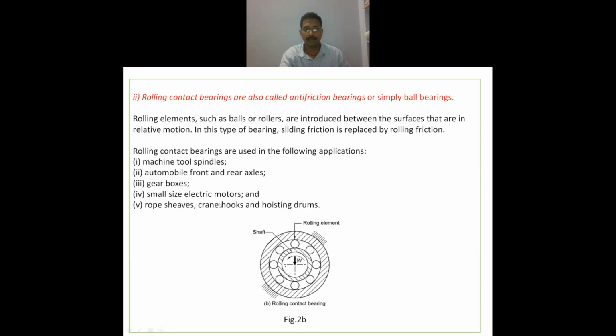Here you can find that in the place between the shaft and the bush, the space is occupied with small rollers. They may be ball rollers or cylindrical rollers. Here is the shaft and the bush. In between you can find the rolling elements, that is ball rollers or cylindrical rollers.